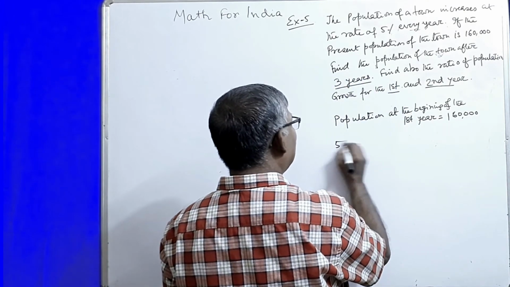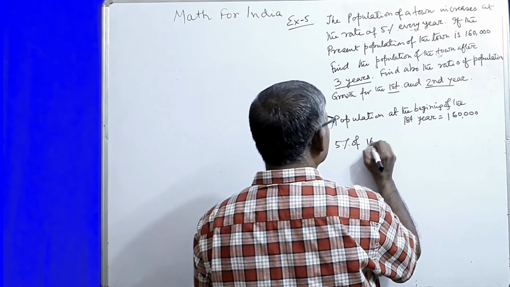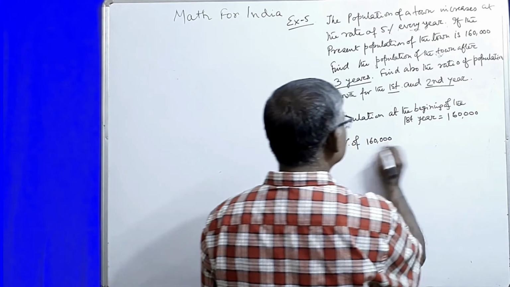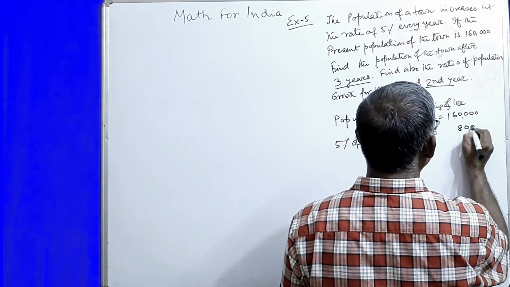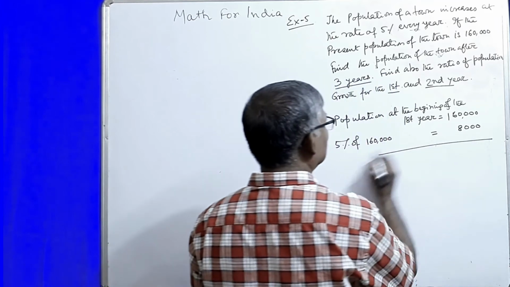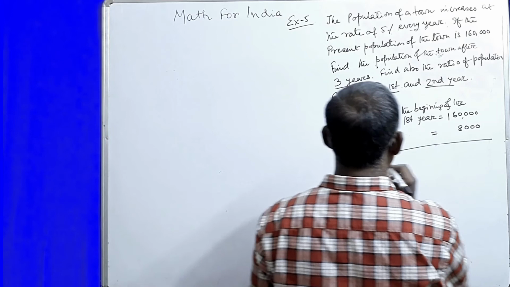Here 5% of 1,60,000 equal to 8,000. So the population growth is 8,000 for the first year.